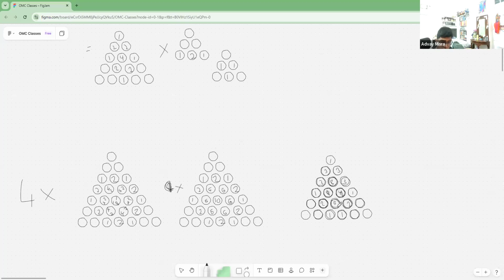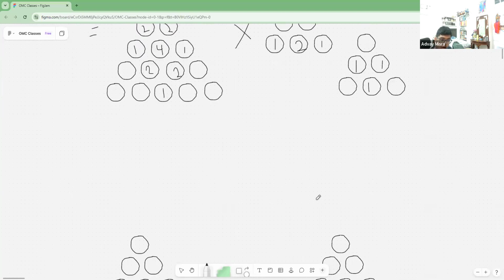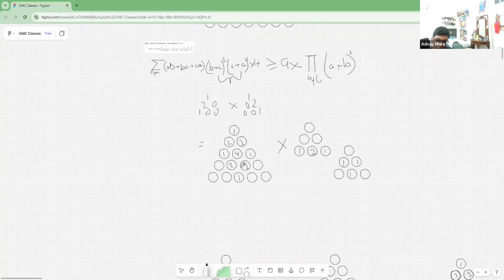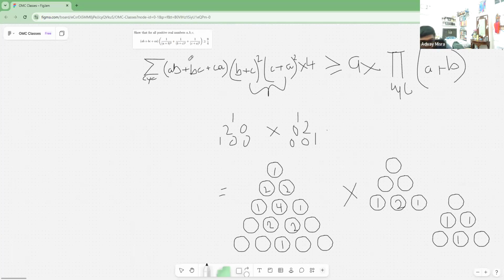Okay, so you see, we are currently looking at the highest power of A. So what we're currently evaluating is this product here, and because actually that's a good point.